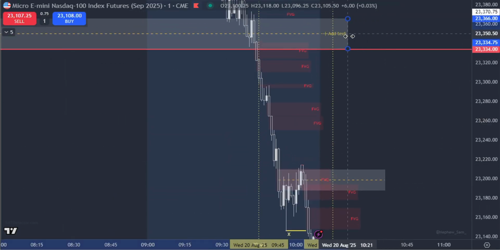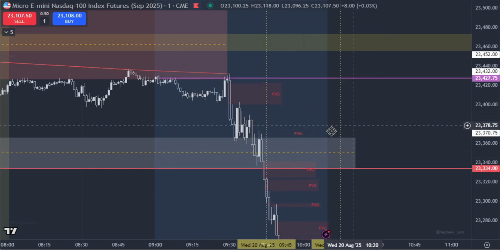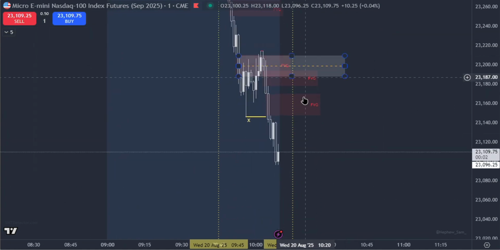And just so that nobody's confused, I am bearish and I was looking for shorts, but I don't see a shorting opportunity.